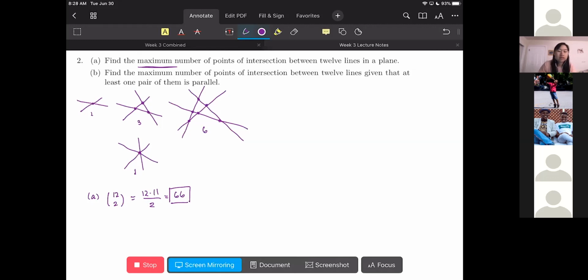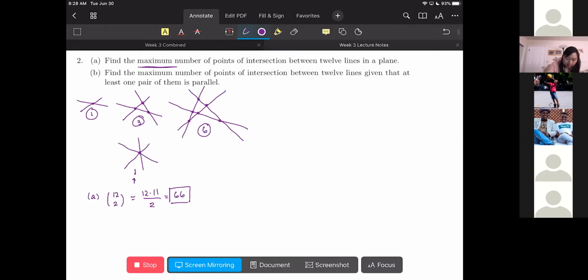Yes, that's right. So basically, if we had lines that didn't intersect, then we would not have the maximum number of points of intersection. So for example, other ways that we could have not the maximum. So here we have the maximum. And then here's sort of like a non-maximal way.